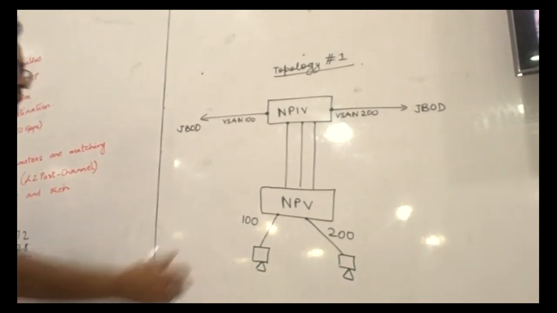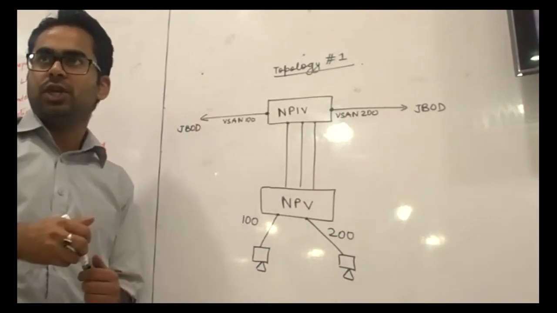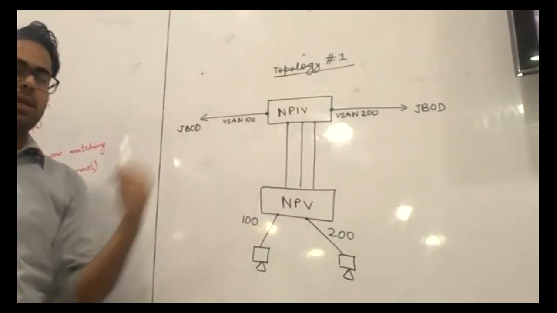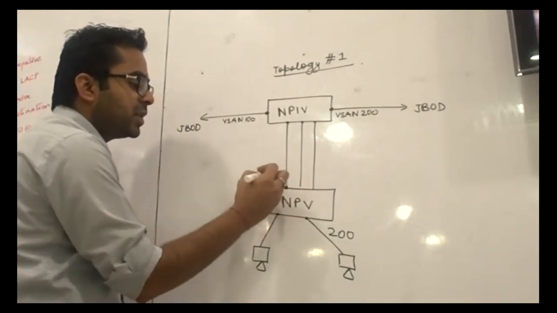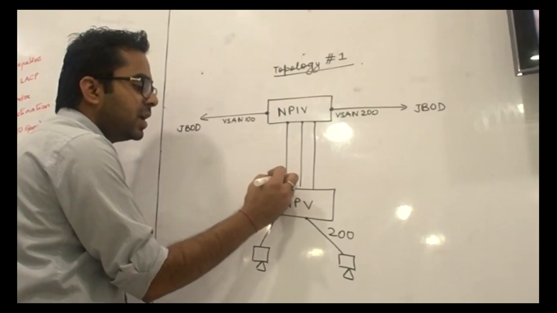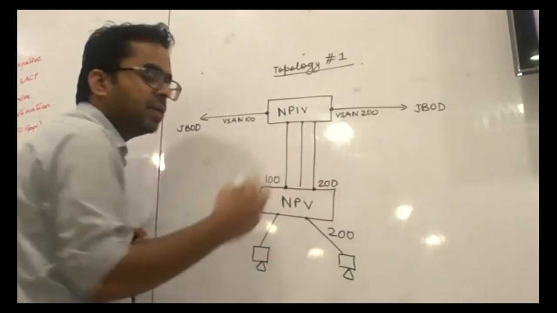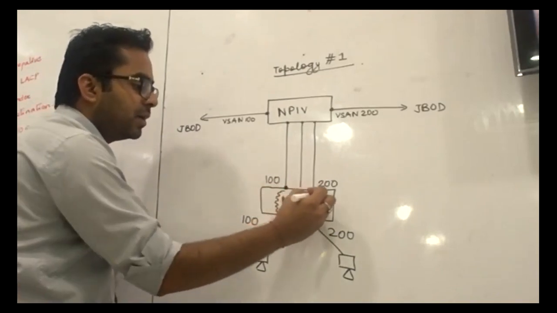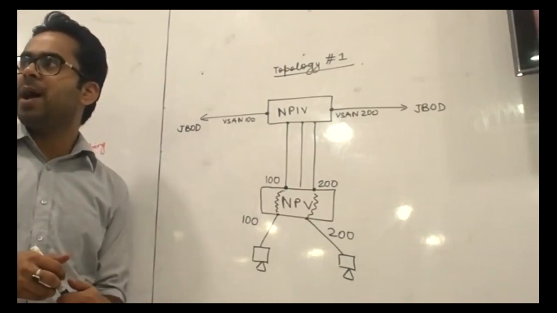Yes. Now, if I have to tell his information to our NPIV switch so that they can go to their relative J-Port devices, we need to make one particular interface part of vSAN 100 and one particular port part of vSAN 200. Only then will it do the mapping internally.